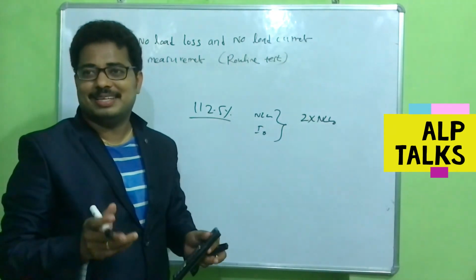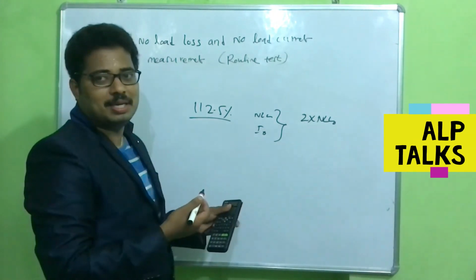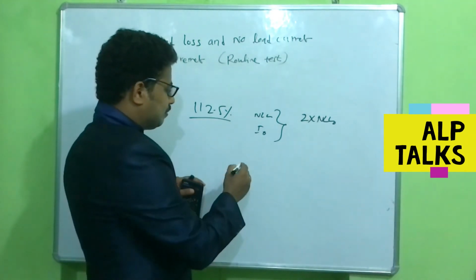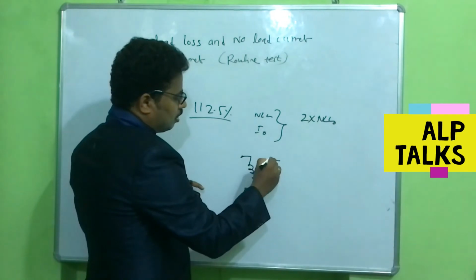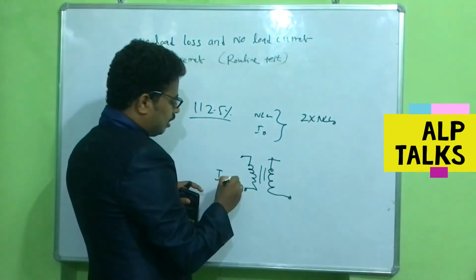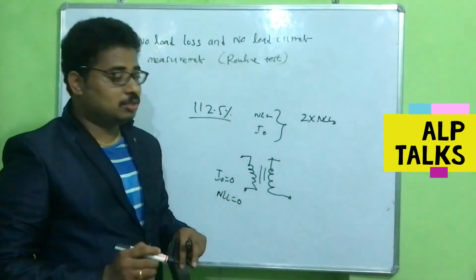So why this no load? Let's discuss a little bit theory about it. Why this will be present in the transformers. So if it is ideal transformer, it should not draw any magnetizing current. It should be 0, and ideal transformer means no load loss should be 0.